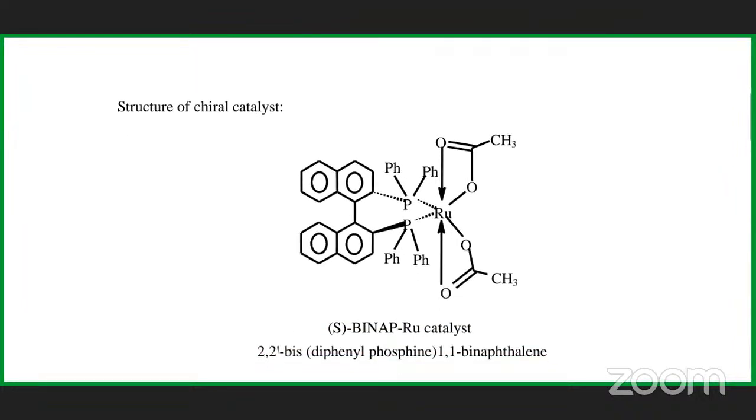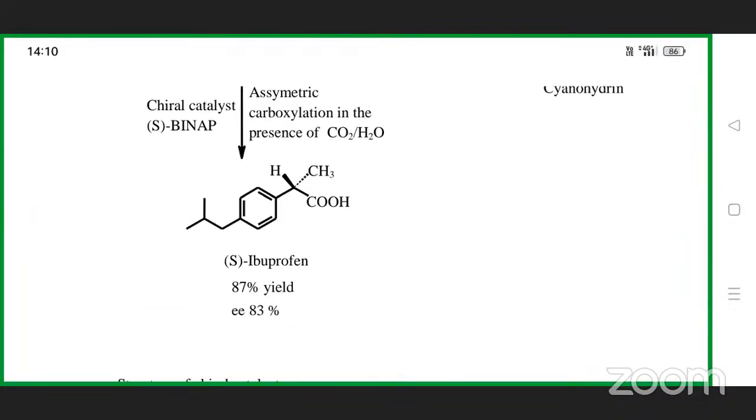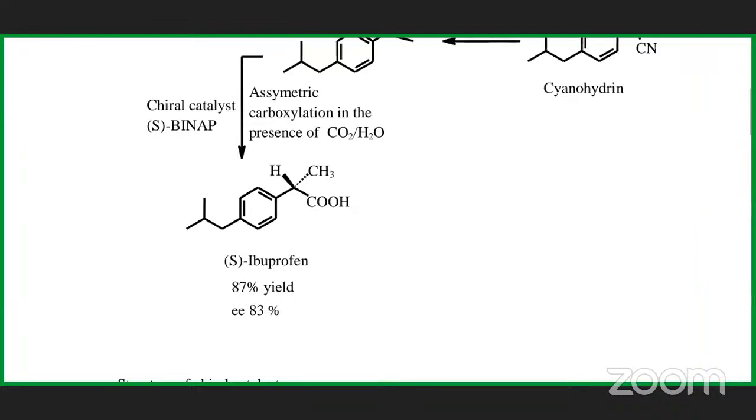There are two naphthalenes bonded here, and here you see the tetraphenyl phosphine, which is chelating with your ruthenium metal. So we are getting this ibuprofen here.